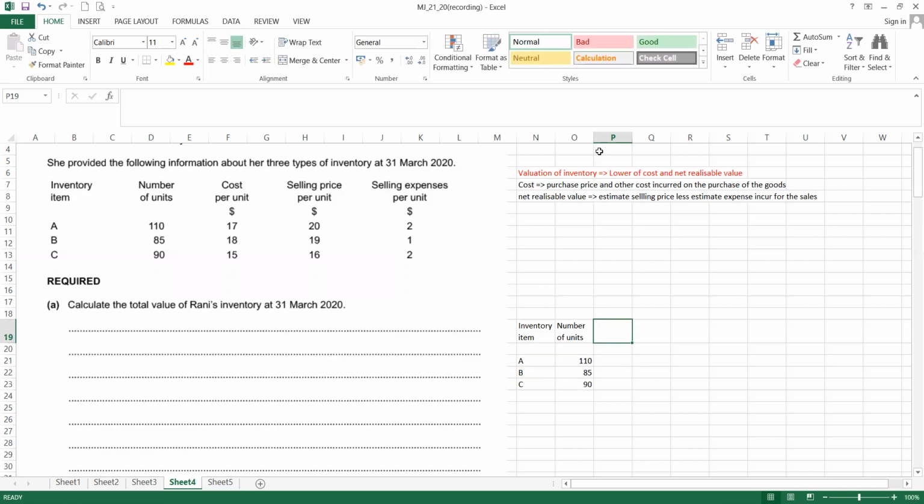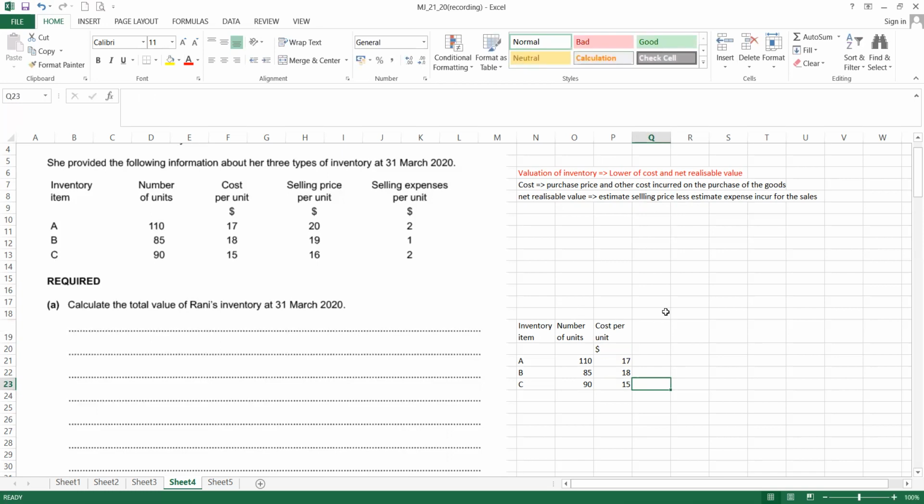Okay, cost per unit. When we come to the cost per unit, here they don't have any other additional cost for the purchase of the goods. So cost per unit, just put it down first. Later on we check: 17, 18, and then 15.